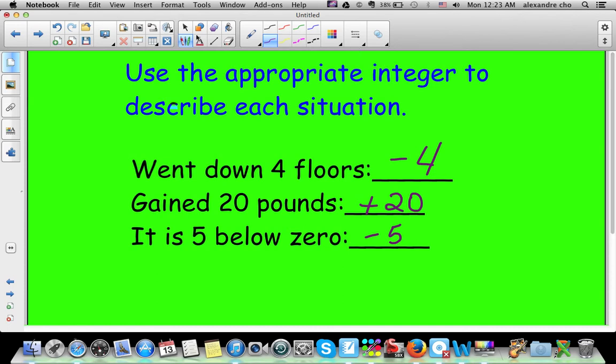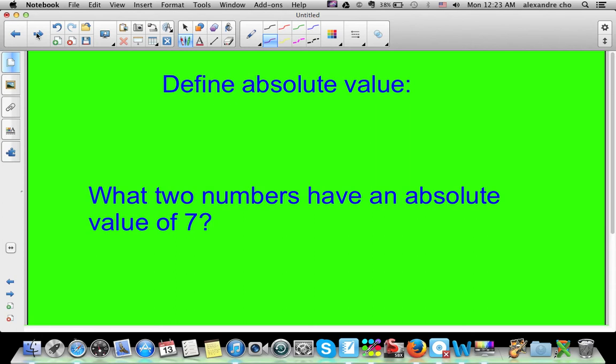Okay, next page. Define absolute value. Okay, and then at the bottom you have what two numbers have an absolute value of 7. Take a minute, answer that, and then press play again. So hopefully if you didn't remember, of course you're allowed to use your notebooks. Go back to your notes.